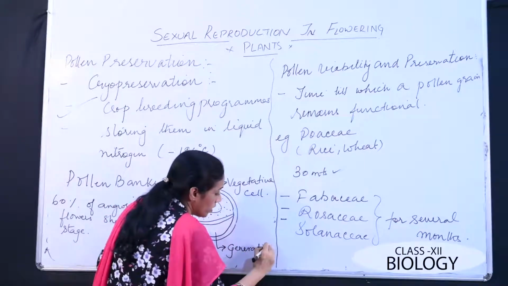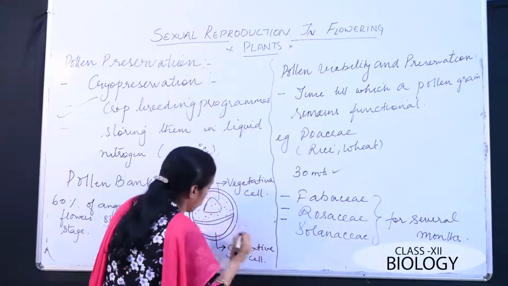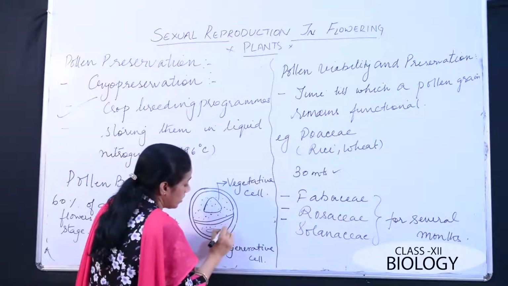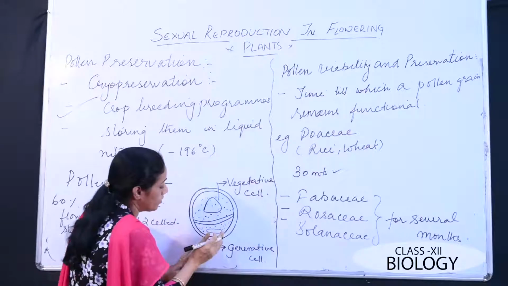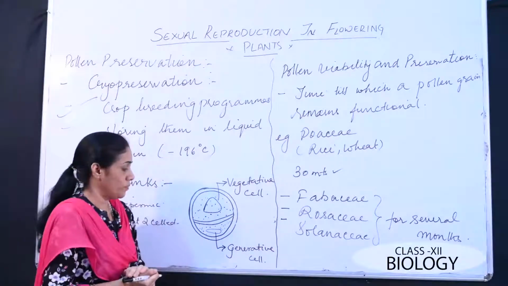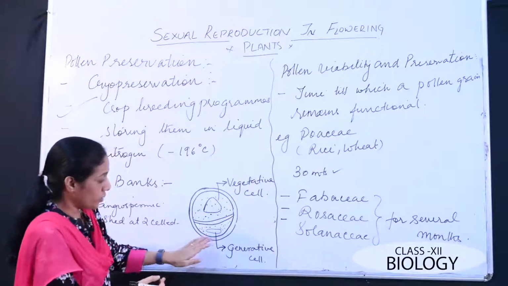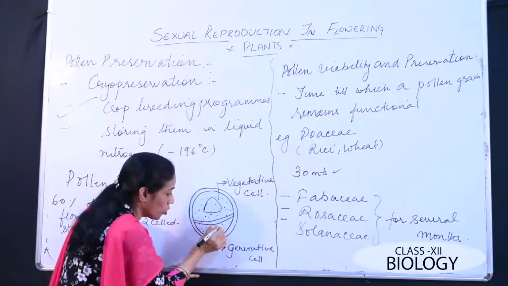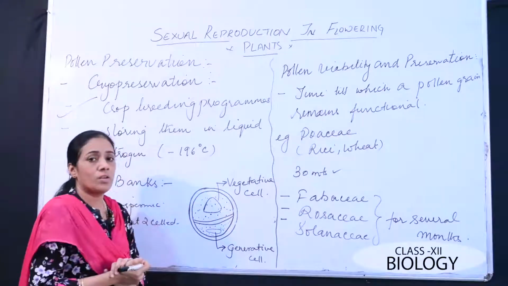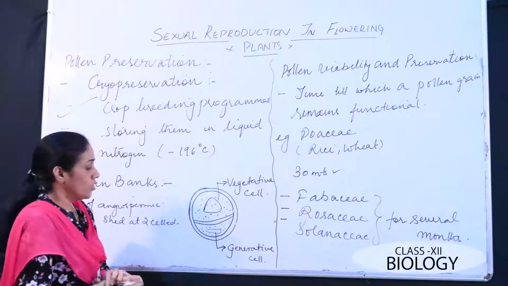This is called a generative cell, and the generative cell also has a nucleus, oval shaped. As you can see, the generative cell appears to be floating in the big dense cytoplasm of the vegetative cell.